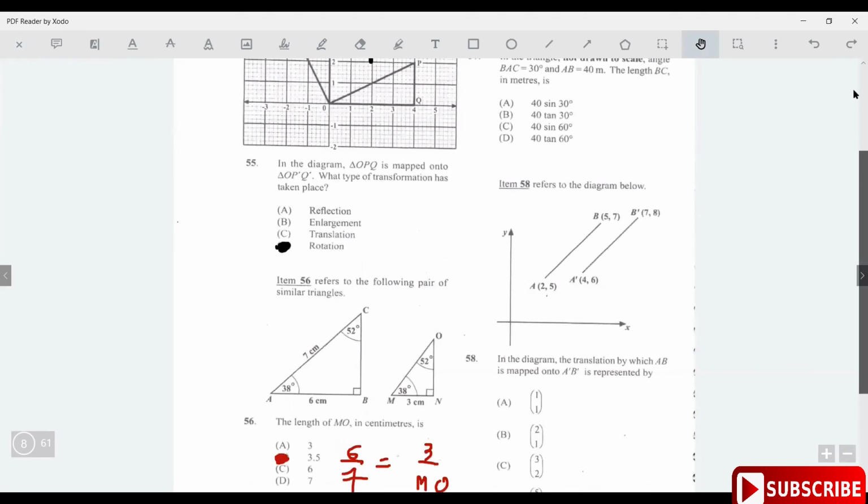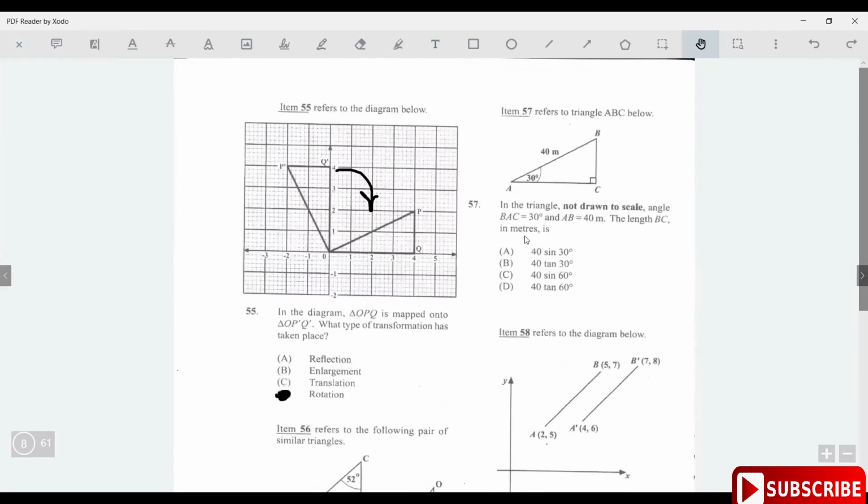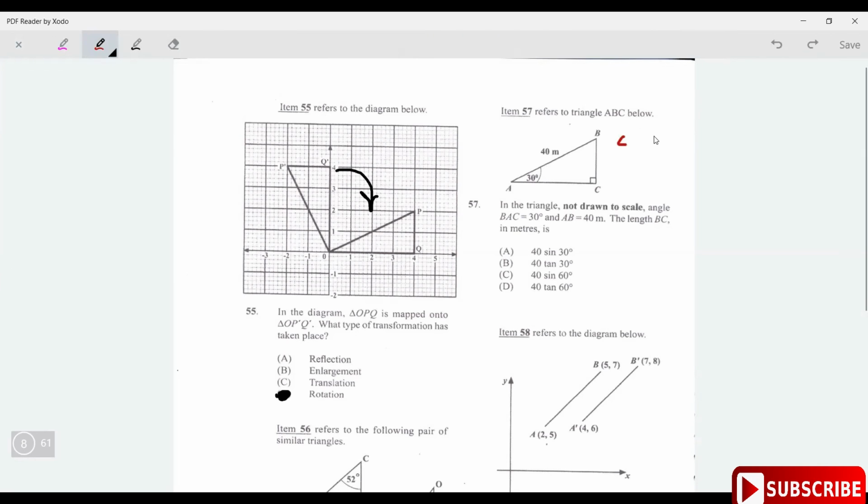Question 57. In the diagram above, not drawn to scale, angle BAC is 30 degrees, AB is 40. What's the length of BC? Easy question, man. Look at this. So this is the opposite, and you have the hypotenuse and this angle. Once you have opposite and hypotenuse, opposite over hypotenuse is sine.